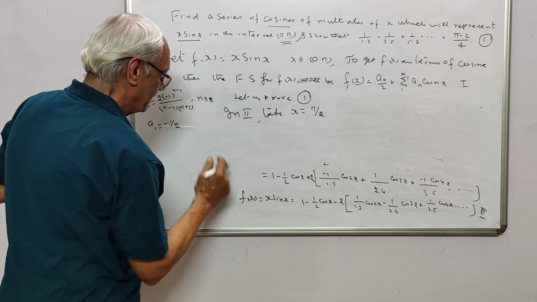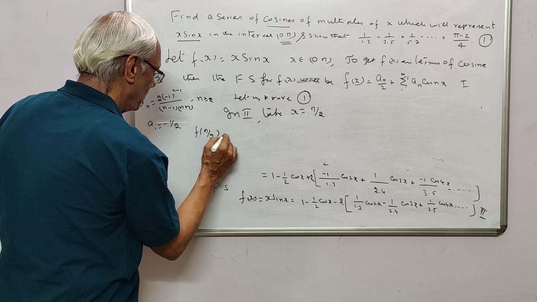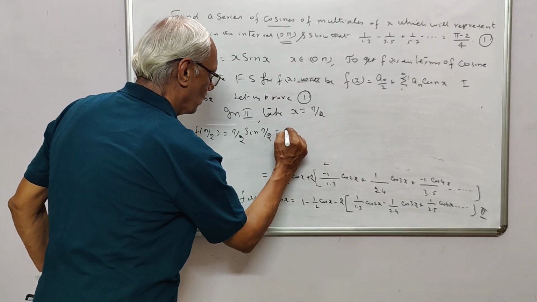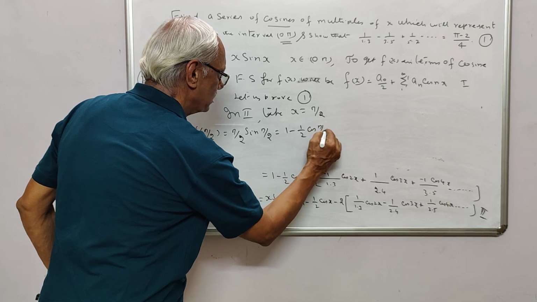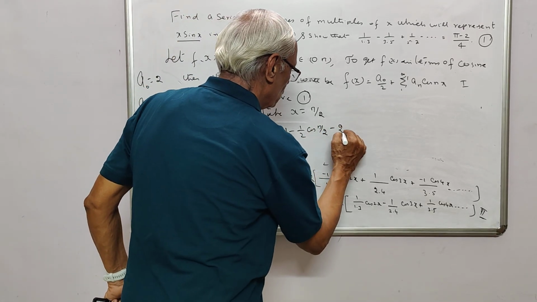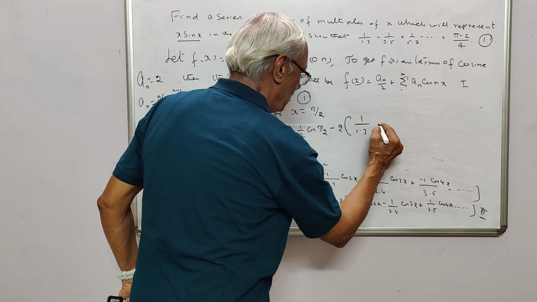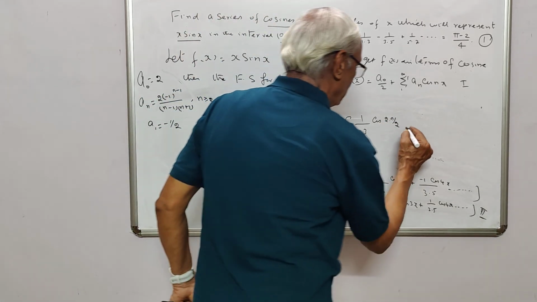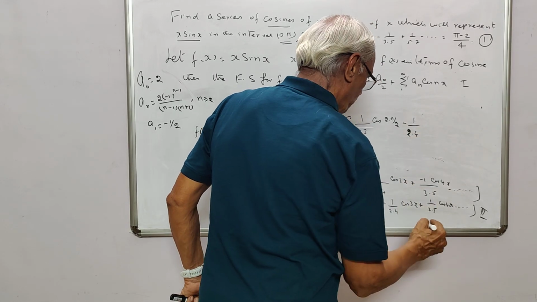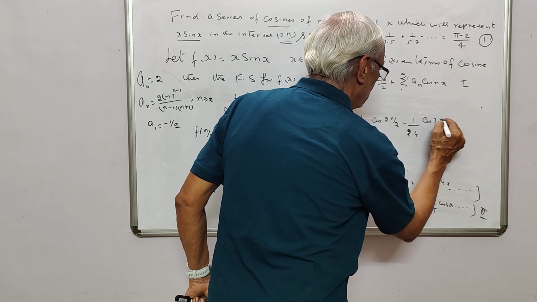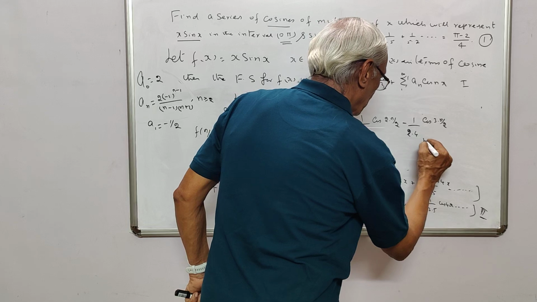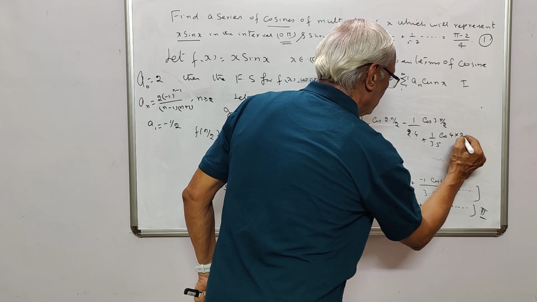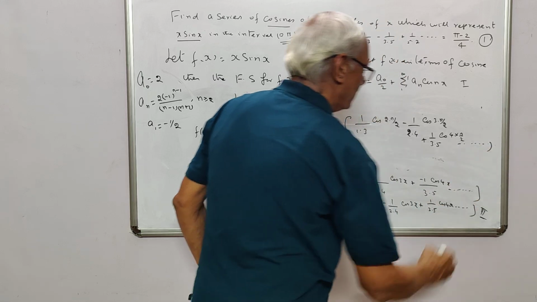So x is equal to pi by 2, you see that f of pi by 2 is equal to pi by 2 into sine pi by 2, is equal to 1 minus half cos pi by 2 minus 2 into 1 by 3 into cos 2 into pi by 2 minus 1 by 2 into 4 into cos of 3 into pi by 2 plus 1 by 3 into 5 into cos of 4 into pi by 2 minus, and so on.